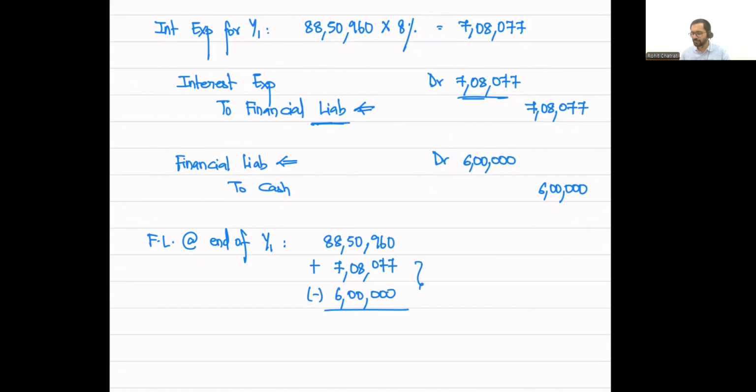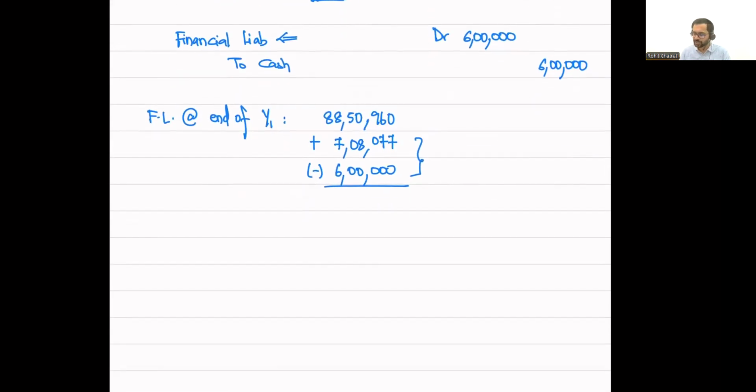It is effectively increasing by 1 lakh 8,000. So my closing balance will be equal to 89 lakh 59,037. My liability value at the end of year one will be 89 lakh 59,037.